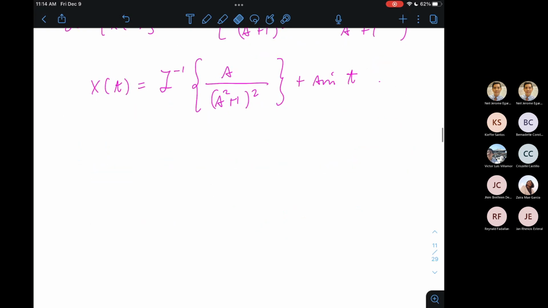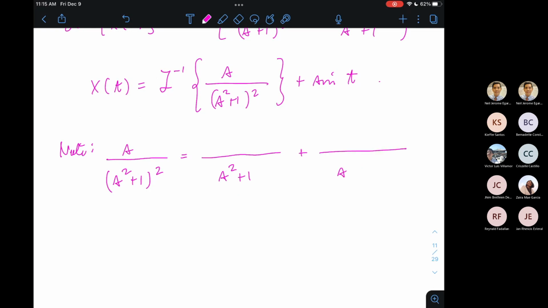So kailangan kong tingnan yung S over S squared plus 1 quantity squared. Dapat ko itong isulat as something over S squared plus 1 plus something over S squared plus 1 quantity squared. Kaya lang magkaka-Laplace transform ba ako sa S squared plus 1 quantity squared?